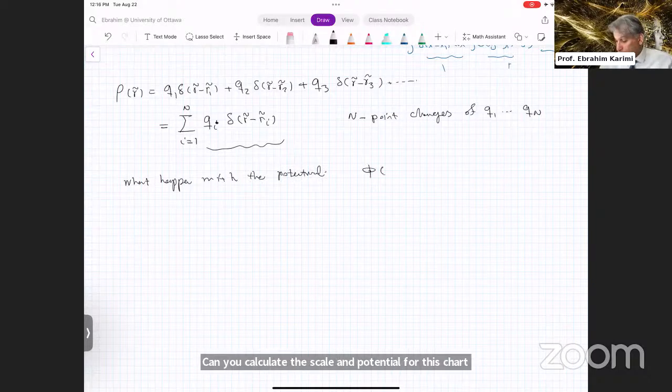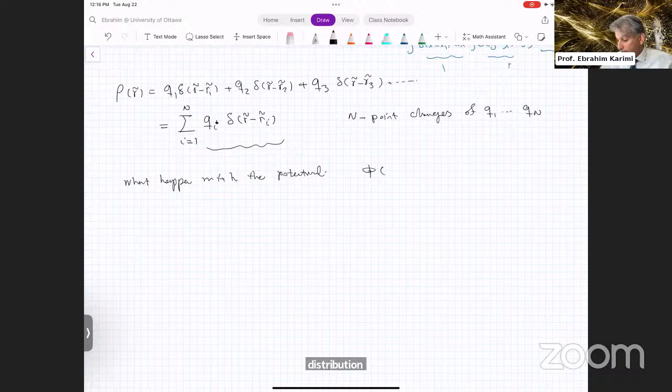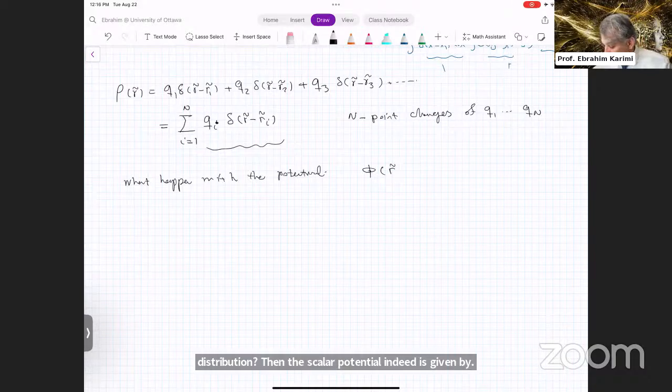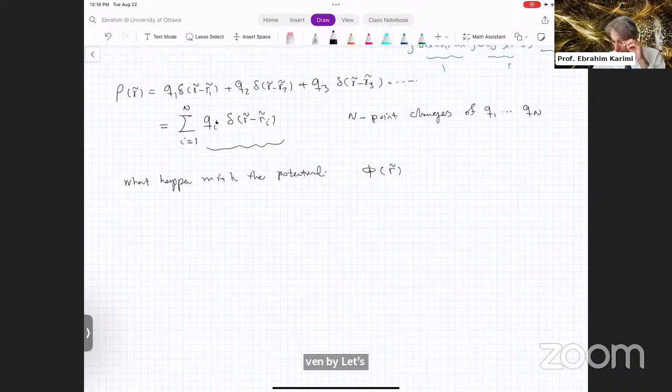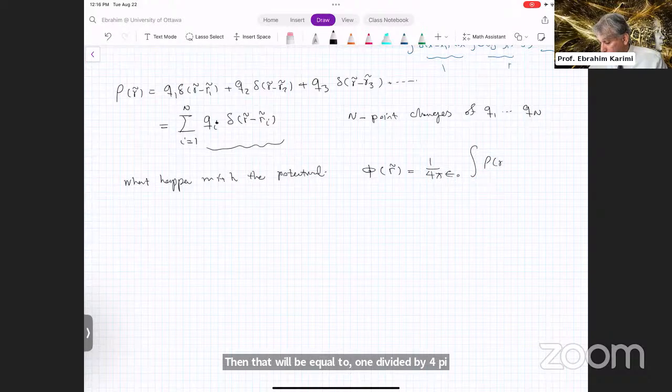Then the scalar potential indeed is given by, let's say at the point R, if you want to calculate it, 1 divided by 4 pi epsilon naught times the integral of the charge distribution rho of R dr. Okay, or let's say R prime, just to be careful.